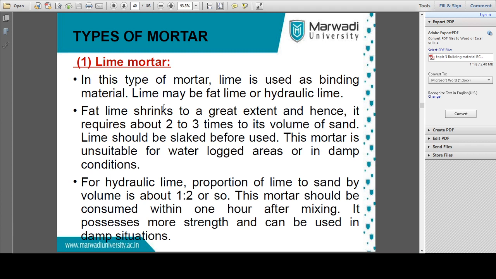In lime mortar, this is one of the conventional methods, right? Over here, if we are using wet lime that is rich in calcium oxide, then it has a characteristic of shrinkage, and that is why we are adding sand 2 to 3 times more than the actual required one, right?